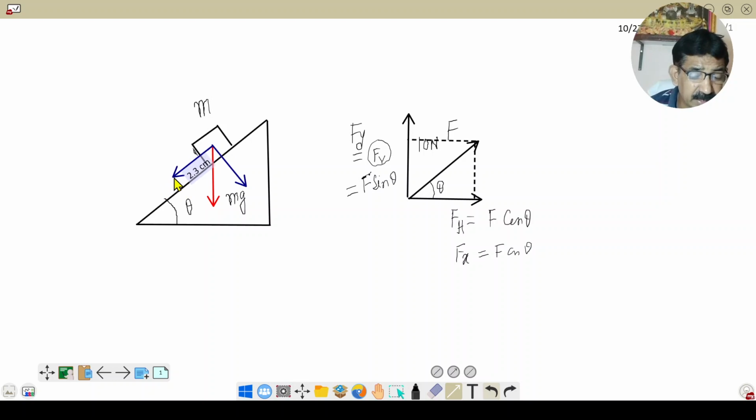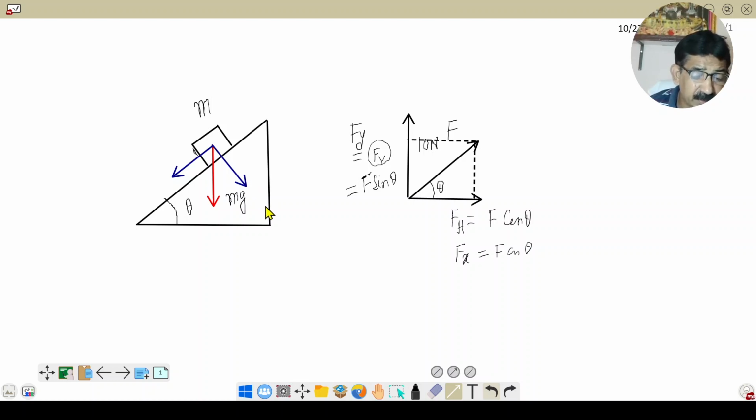The blue lines represent two perpendicular lines. This line is perpendicular to this line. One blue line is parallel to the inclined plane and the other is perpendicular to the inclined plane.